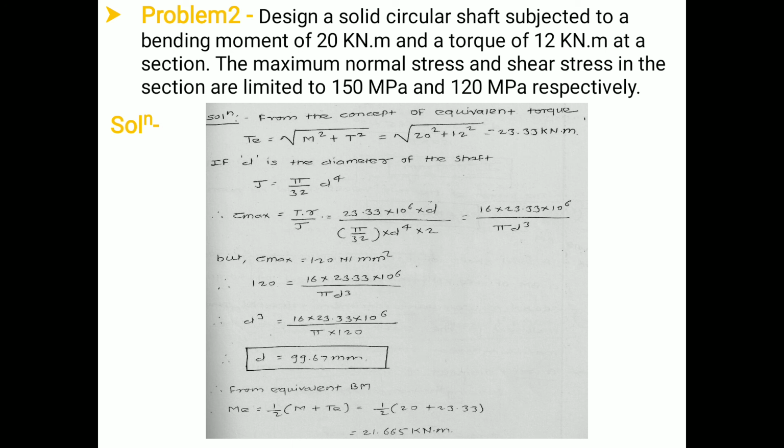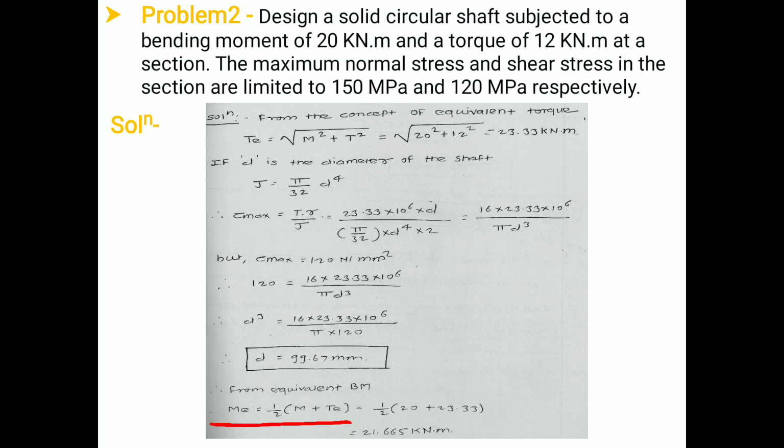This is the original formula. All of you know that under root of M square plus T square is nothing but the equivalent torque. Therefore that formula will become Me is equal to 1 upon 2 into M plus Te.